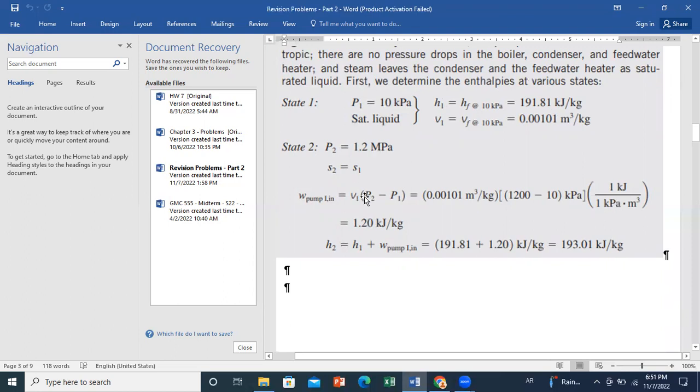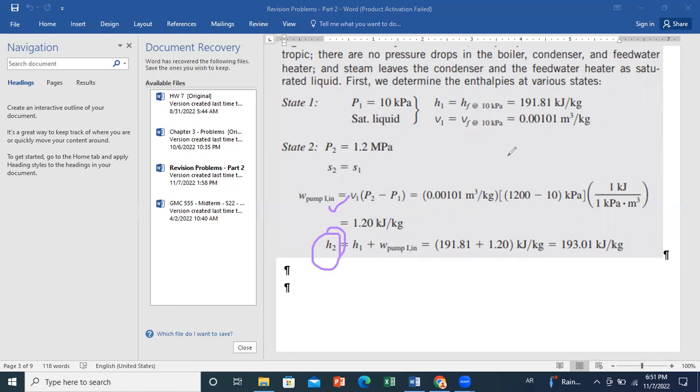For state 2, we use that S1 is equal to S2, and the W pump for the first pump is V1 delta P. Knowing that W pump is also H2 minus H1, once we calculate the value of W pump in, we can use it to find H2. This is another method to get H2.